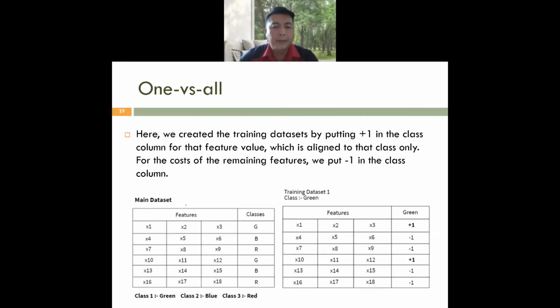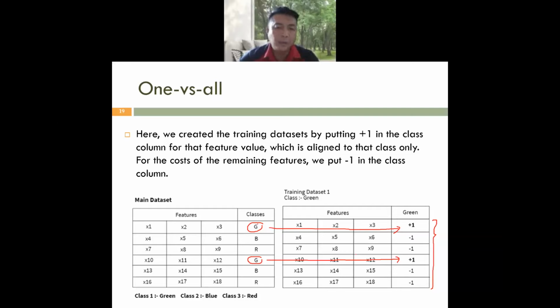So how do we change the data? For the green data set, we consider this one as positive, and the rest of them we change to negative. This means that we only have two distinct values: positive one and negative one.